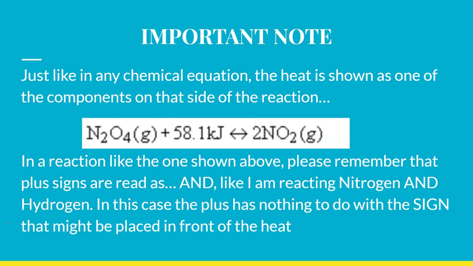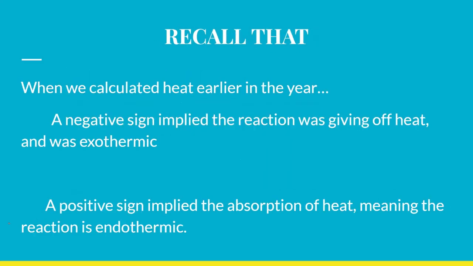So I am showing 58.1 kilojoules of energy going in on the reactant side. Okay, so that's an endothermic reaction. That has nothing to do necessarily with the sign I would put on this if I was just telling you what's the heat of the reaction for this or what's the change in enthalpy for this reaction. Okay, a negative sign does imply that you are giving off heat and that it is exothermic.